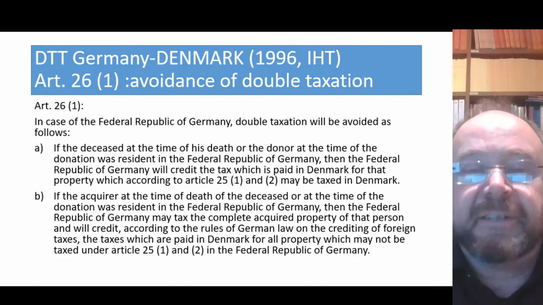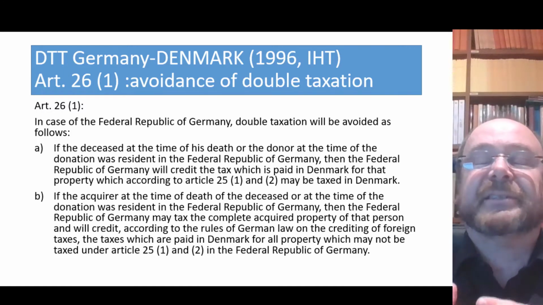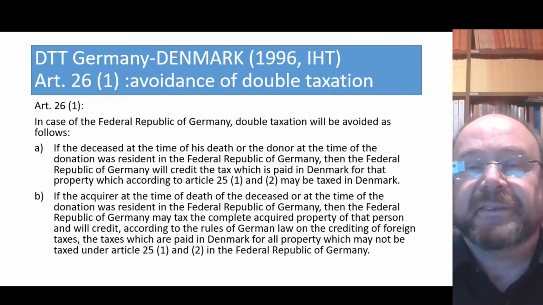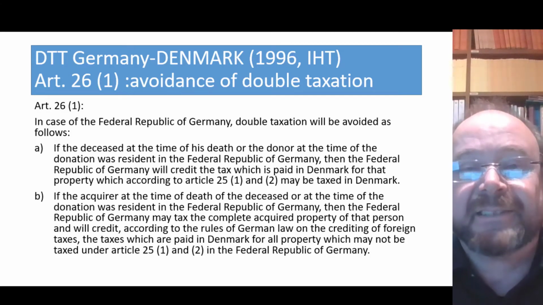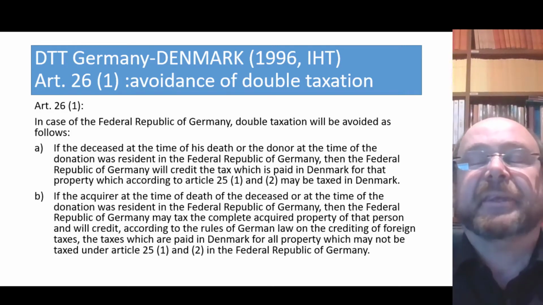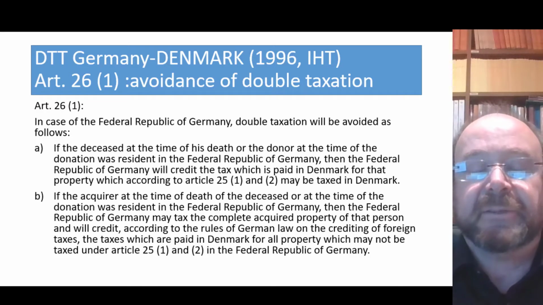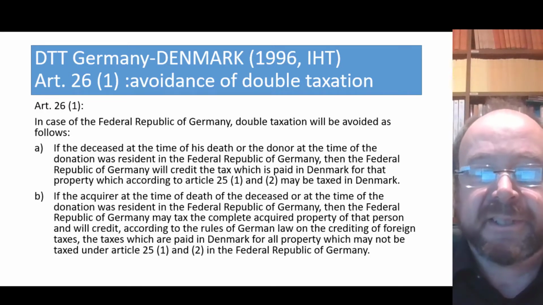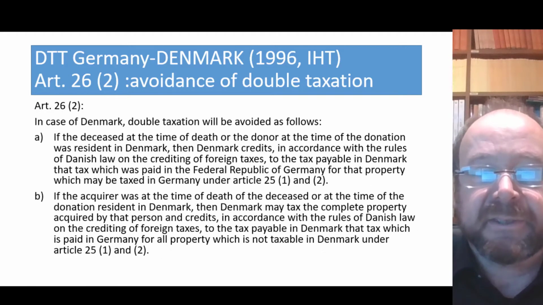Now what happens if the deceased was resident in Denmark? Well, then Denmark is the second in line, can tax everything, but Denmark has only to credit the taxes where Germany was the source state then. That is 26(2).